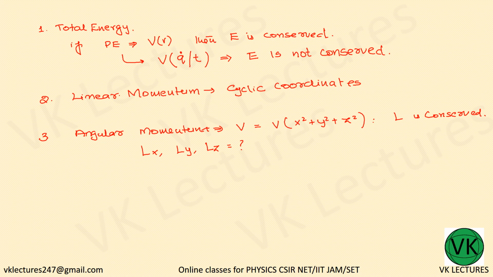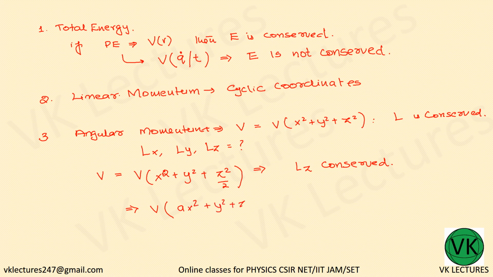Let's take another example, V is equal to V of x square plus y square plus z square by 2. Now in this case Lz is conserved. Now another example, V of a x square plus y square plus z square, and in this Lx is conserved.